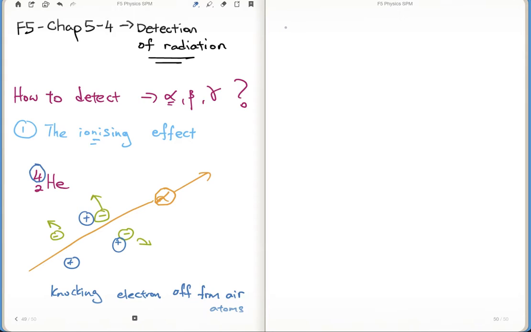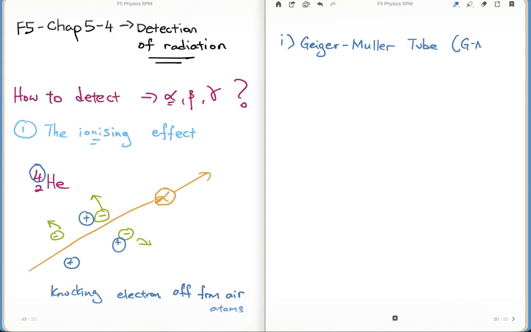The arrangement in your text may be different, but at SPM level, normally the first and most universal device is called the Geiger-Muller tube, or in short, the GM tube. So what is this Geiger-Muller tube?